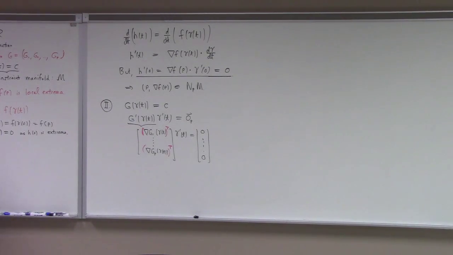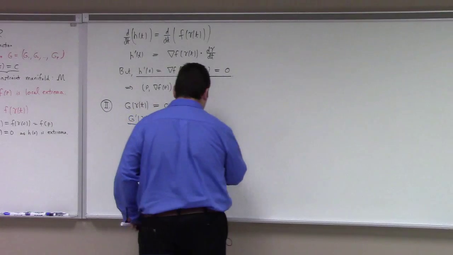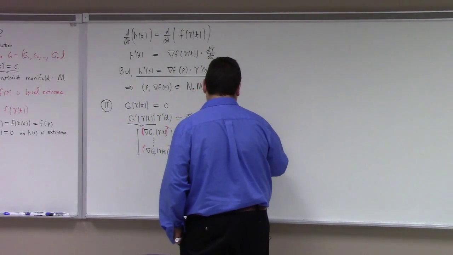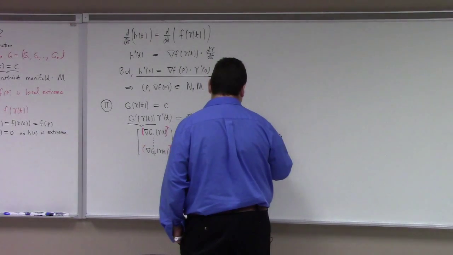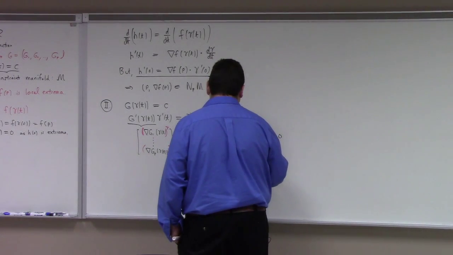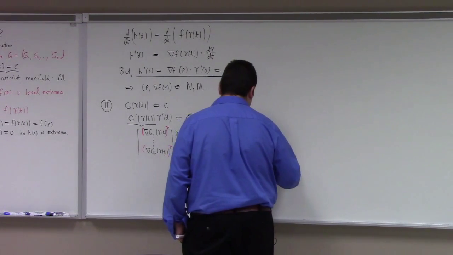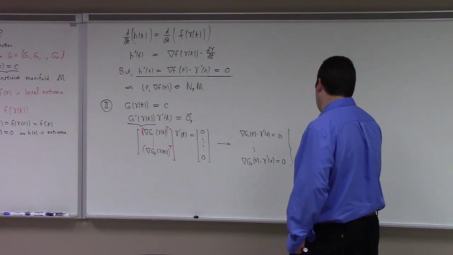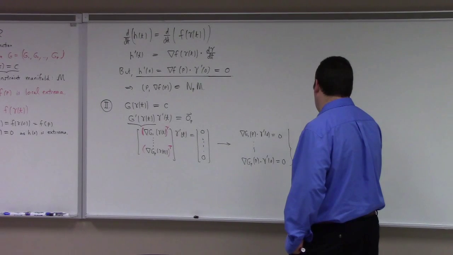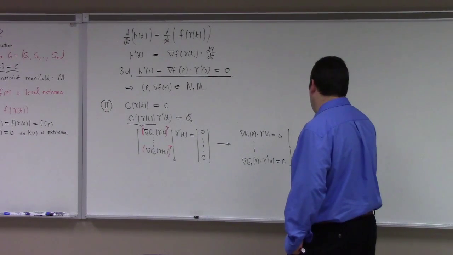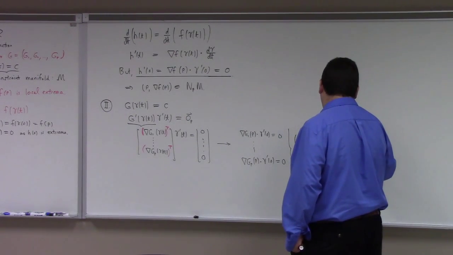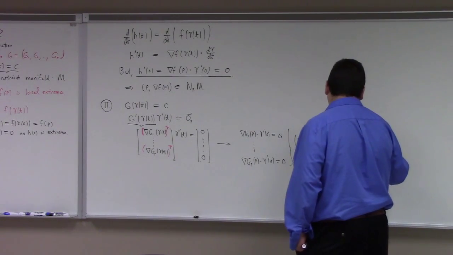So that says the gradient of G1 at P dot gamma prime of 0 is equal to 0, and so forth on down the line, the gradient of GP at P dotted with gamma prime of 0 is equal to 0. This shows you something I already told you last class, which is that the gradient of G sub J at the point P, attached to the point P, is an element of the normal space at P to M for each J.